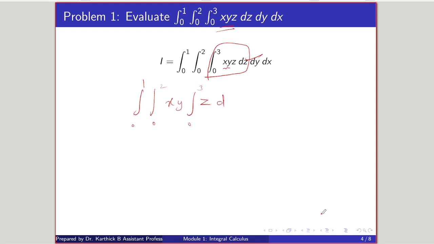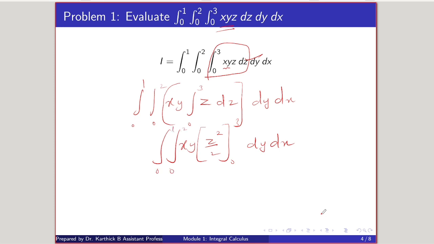We may keep z alone, and dy dx. If I integrate this, it will be z squared by 2, from 0 to 3, and dy dx. Here xy will be there.